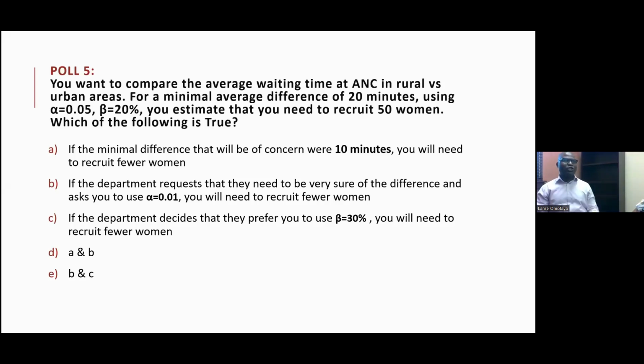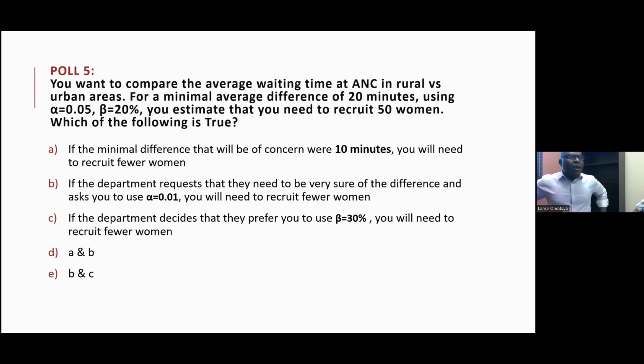There's an alpha, 0.05. There's a beta, which is 20%. And you know that your power in this situation would be 80%. But the effect size here is 20 minutes.